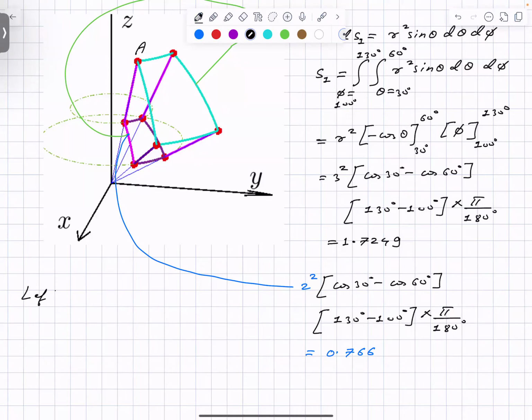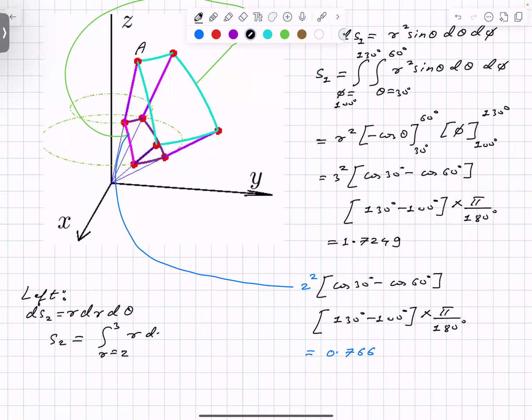This is for the left one. The one that has dr and d theta would be this. So we'll call this dS2. And by integrating that, we are going to get S2. So we integrate r from 2 to 3.